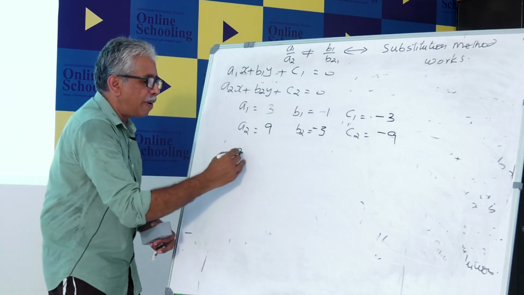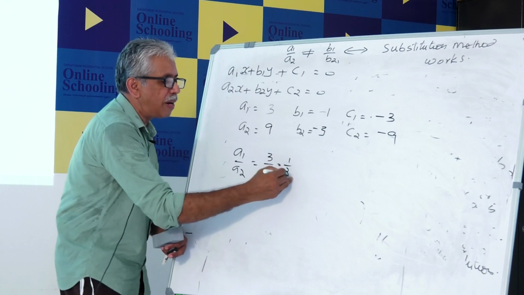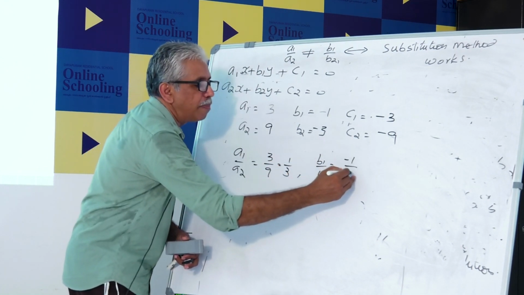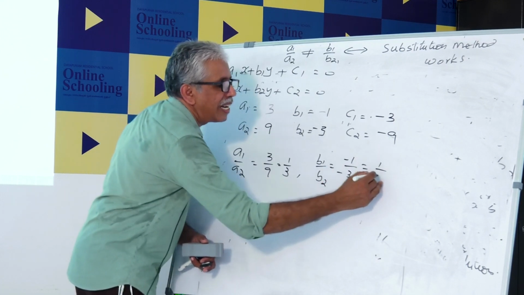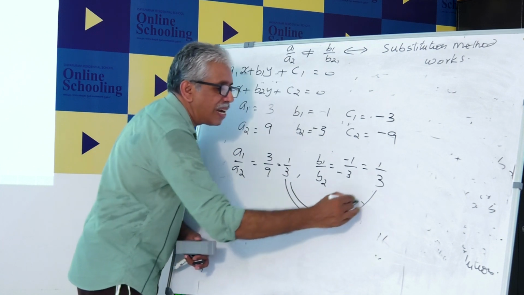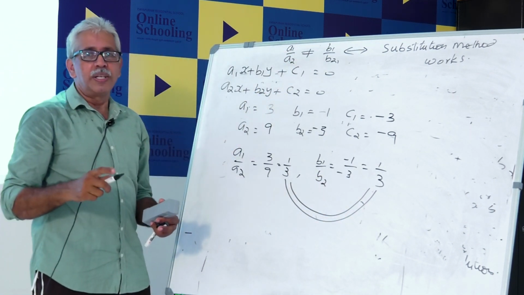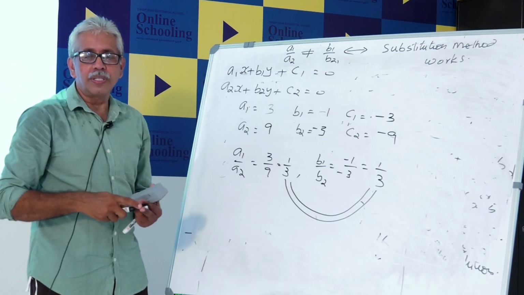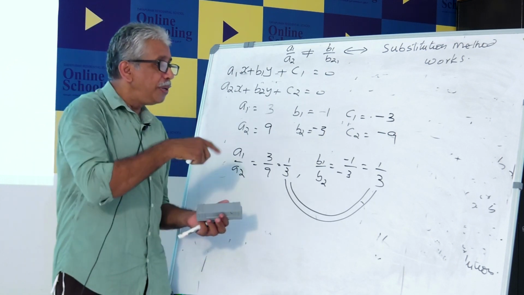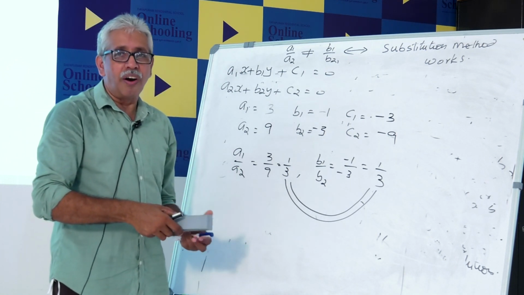What is a1 by a2? a1 by a2 equal to 3 by 9 and that is 1 by 3. b1 by b2 equal to minus 1 by minus 3 and that is again 1 by 3. So a1 by a2 and b1 by b2 are equal. Equal means this condition is not satisfied. So you cannot use the substitution method to find the solution, and you know how to check in that case whether the system is consistent or not.